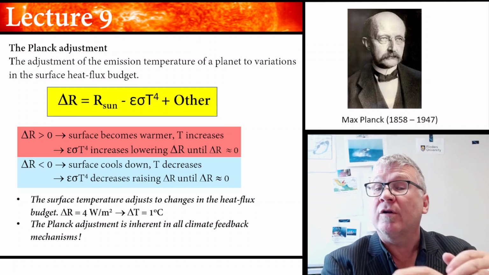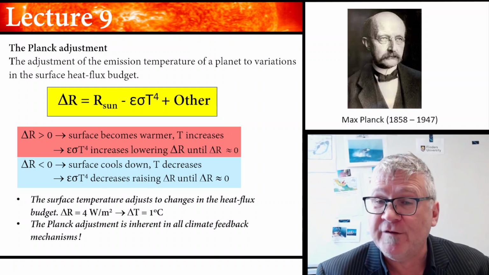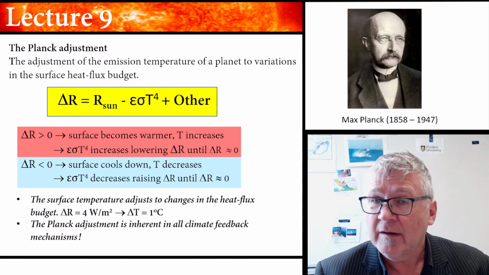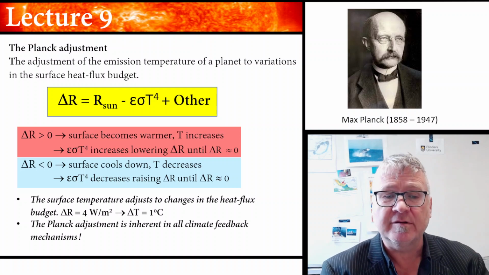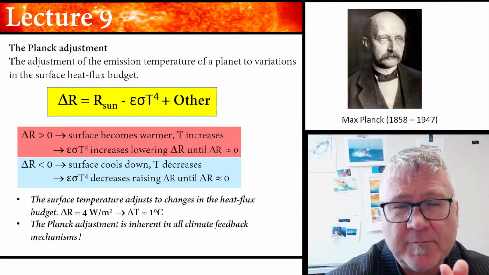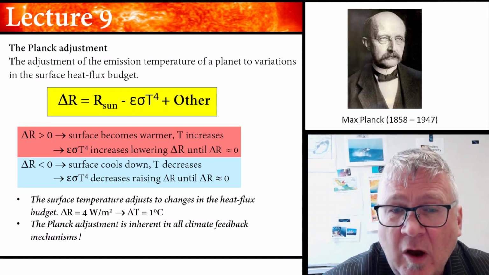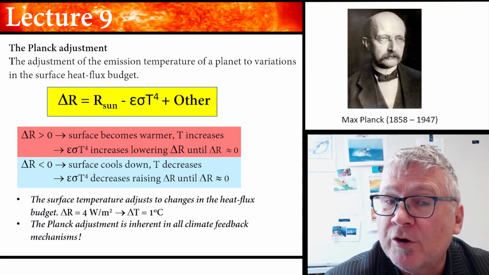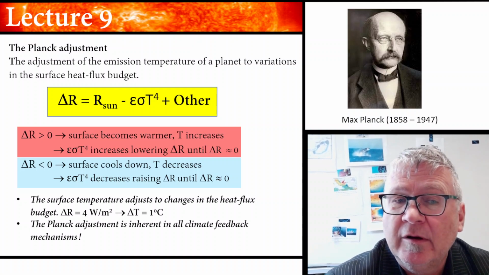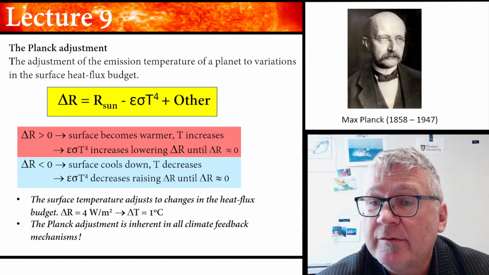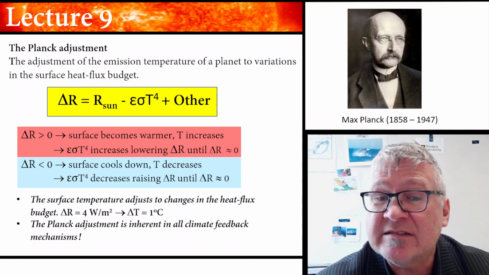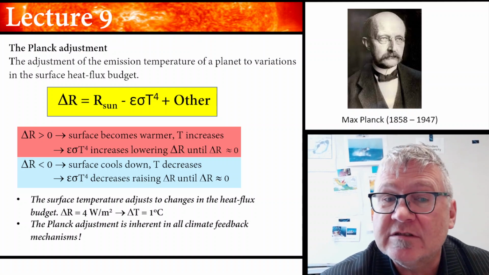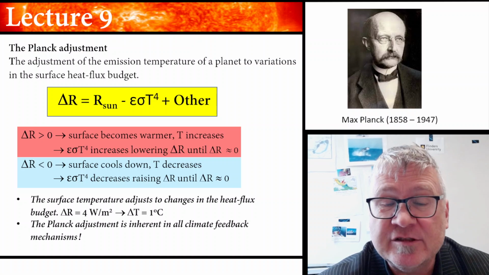So this Planck adjustment is inherent in all climate feedback mechanisms. Therefore, I call it an adjustment and not a feedback mechanism. Okay, it is an adjustment process. All right, so that's one of the most important principles required to understand climate changes, this Planck adjustment.